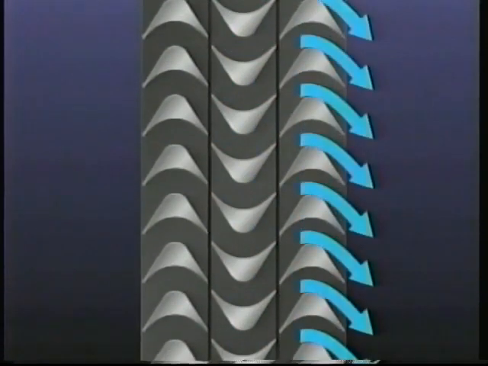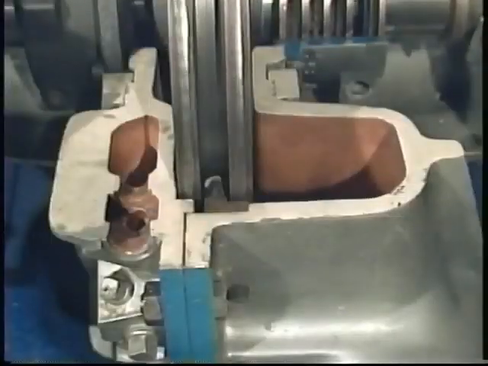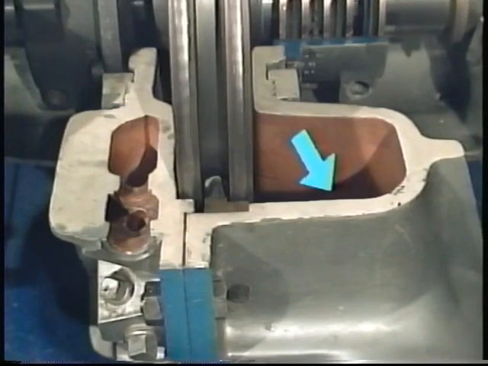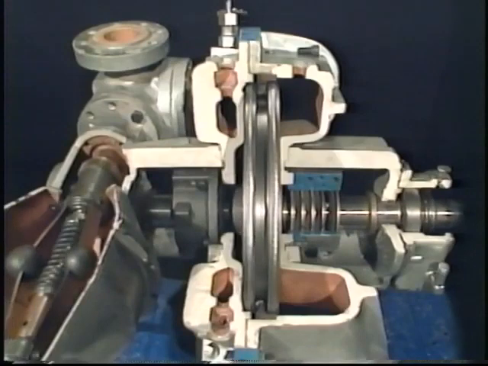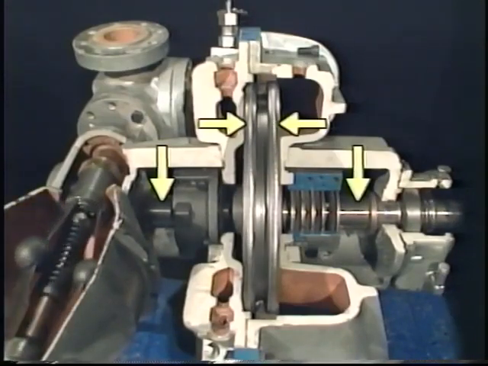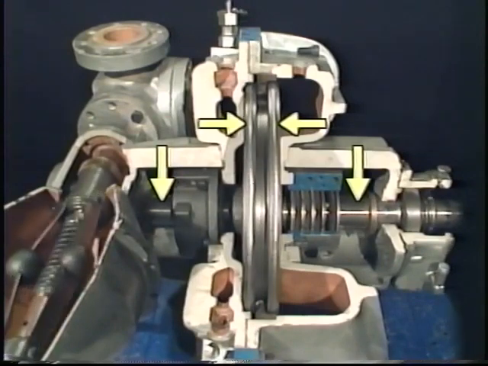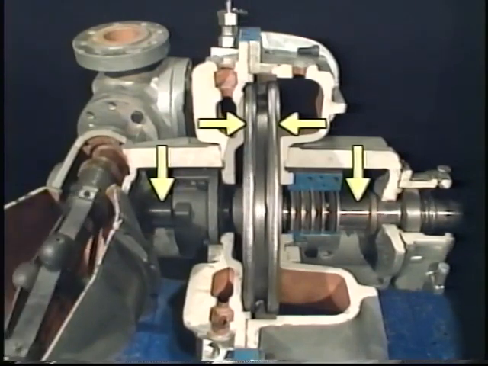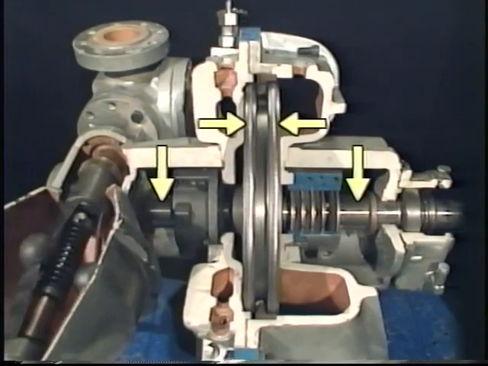This allows more energy to be extracted, so the moving blades and shaft continue to turn. From the second set of moving blades, the steam enters this chamber and is routed on out of the turbine. The shaft and the moving blades are commonly referred to as the rotor. The movement of the rotor is what produces the mechanical energy that can be used to drive other equipment.